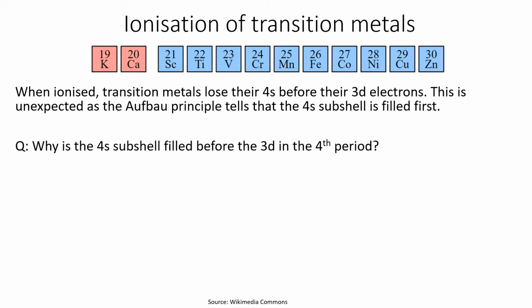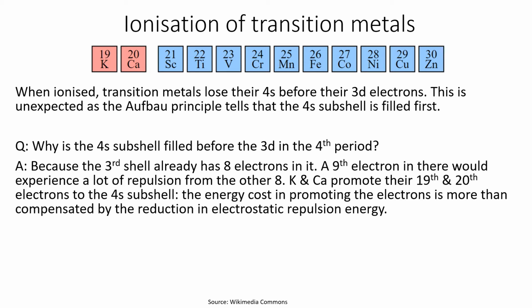And so a couple of questions that pop into people's minds might be, why would the 4s subshell be filled before 3d in the first place? We'd expect the third shell to be lower in energy than the fourth shell. I think a good explanation is that the third shell already has 8 electrons in it. Once you've got up to argon, you've filled the 3s and the 3p.